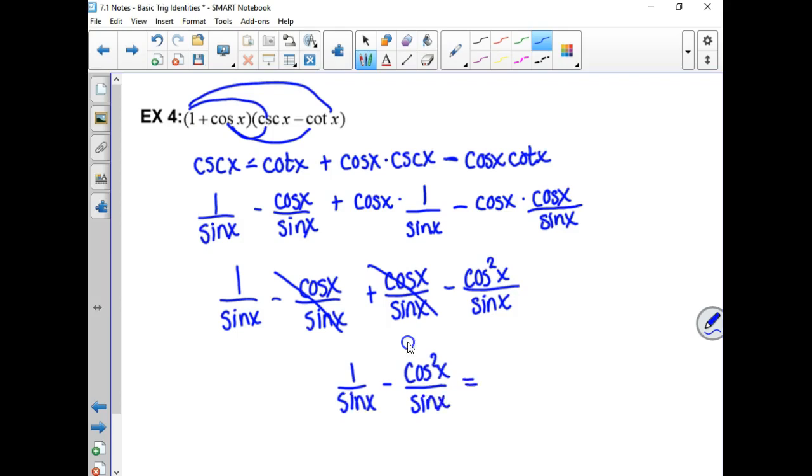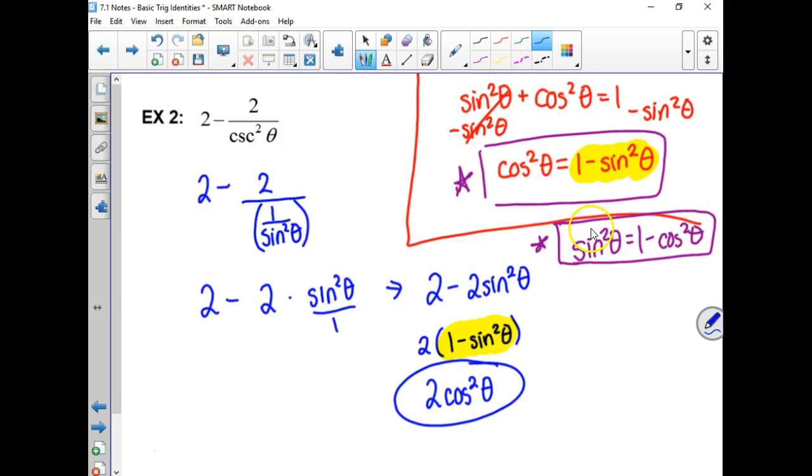And because these have common denominators, I can write them like this: 1 minus cosine squared x over sine x. Now remember, a couple problems ago, we said that 1 minus sine squared theta equals cosine squared theta, and 1 minus cosine squared theta equals sine squared theta.